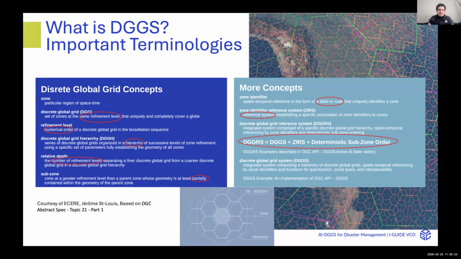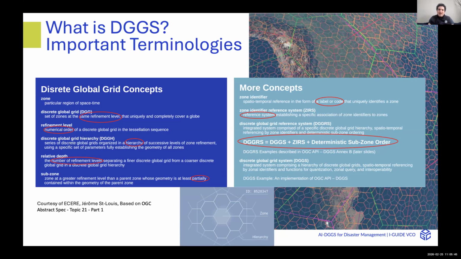A discrete global grid is a grid at the same refinement level, let's say all the zones that are orange. And then you have the refinement level, which has the concept of hierarchy. It's a grid and it has a concept of hierarchy.